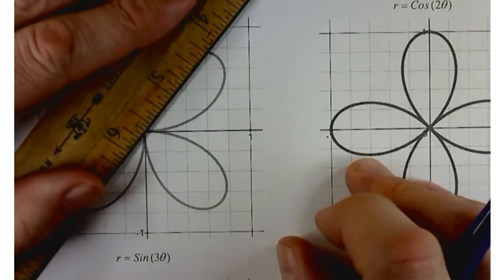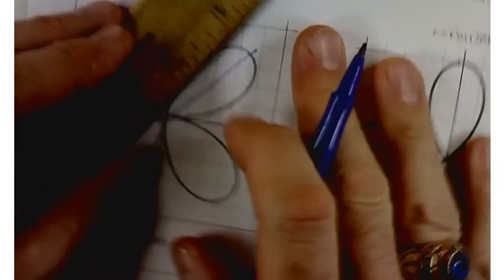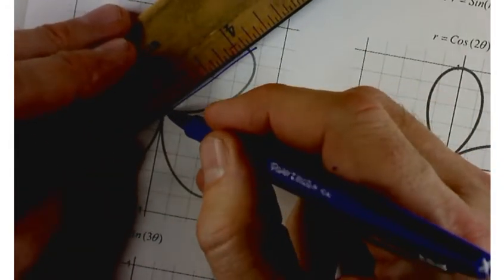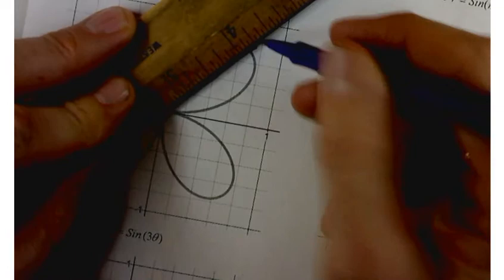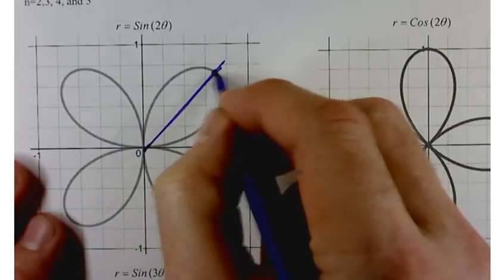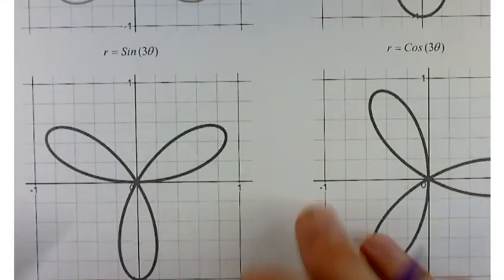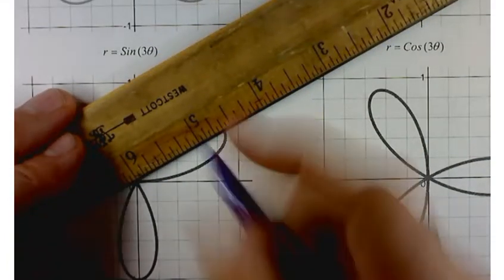Sine of 2 theta is going to have an axis of symmetry right here. So the question for us is going to be to figure out, all right, well, when do we get to that point? Or when do we get to this point?